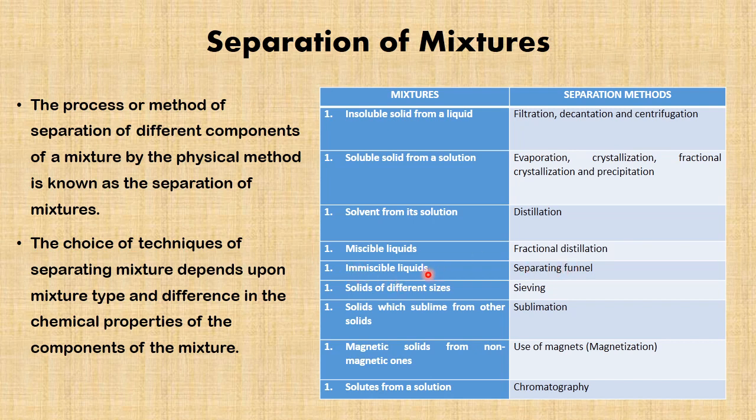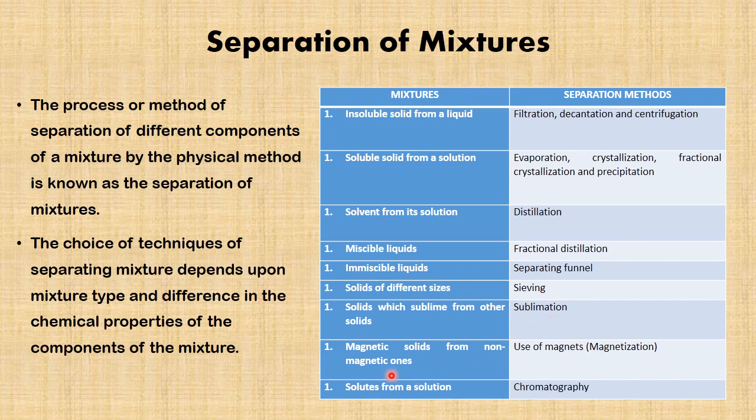When we have immiscible liquids, we use a separating funnel. When we want to separate solids of different sizes, we employ sieving. When we want to separate mixtures of solids which sublime from other solids, we use sublimation.